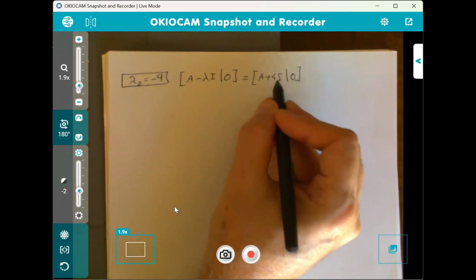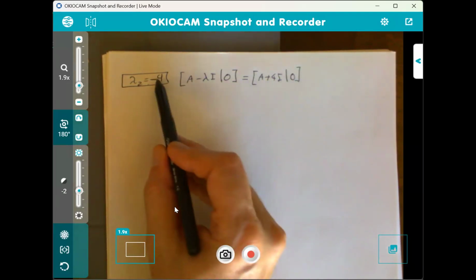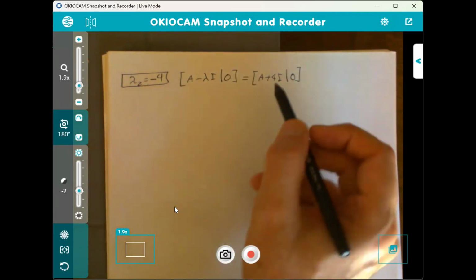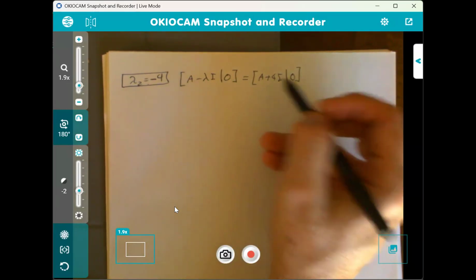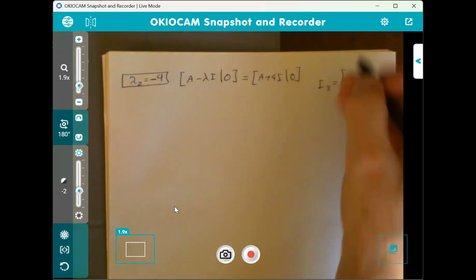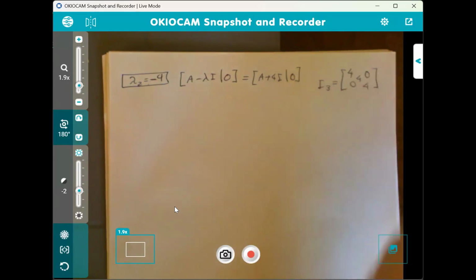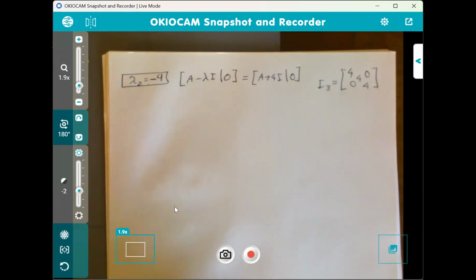Now, A plus 4 I, remember, that's after you put -4 in here and subtract it. And remember, this identity matrix, I3, once you multiply by 4, is going to have 4 on the main diagonal and 0 elsewhere, right? That's what it's going to look like.